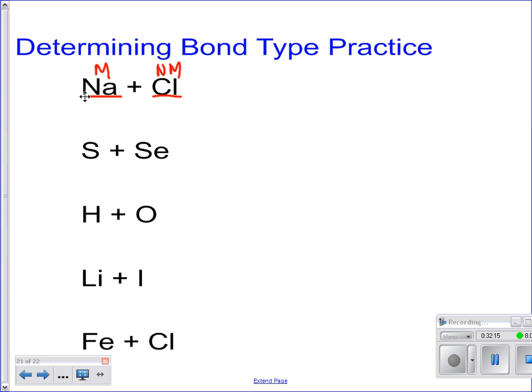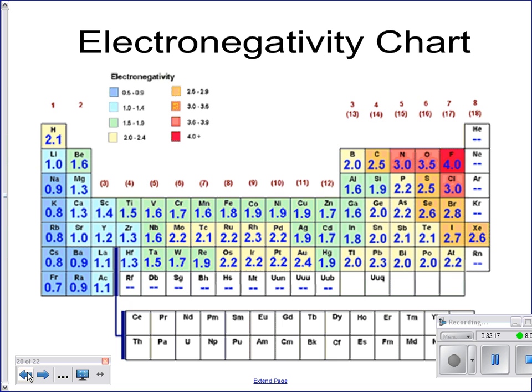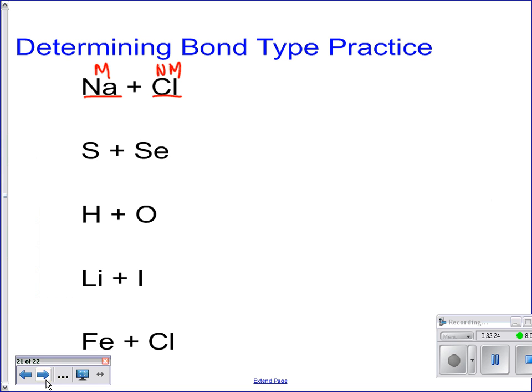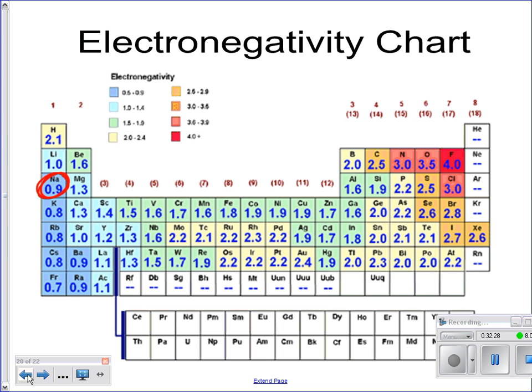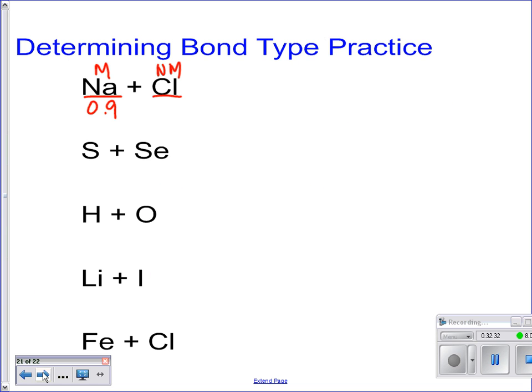So what we're going to do is find sodium on the periodic table here, which is a 0.9 value. So I'm going to put 0.9. And then I'm going to find chlorine, which is a 3.0. And all I'm going to do is just subtract them. So 3 minus 0.9 gives me 2.1.